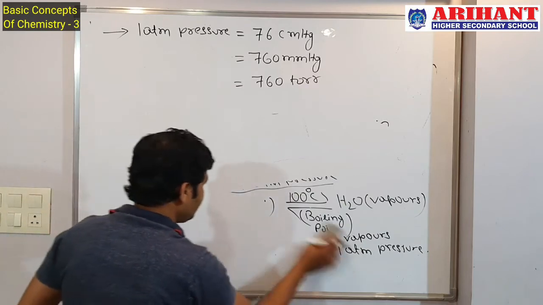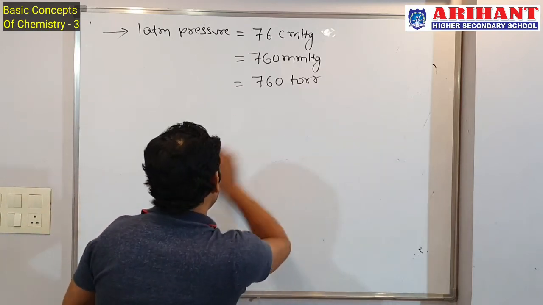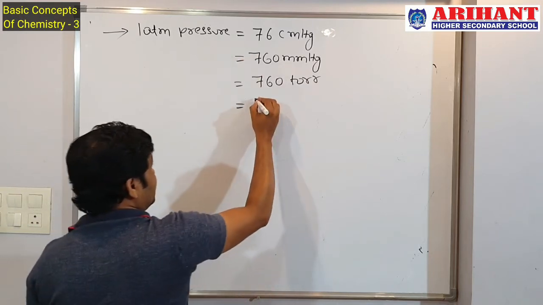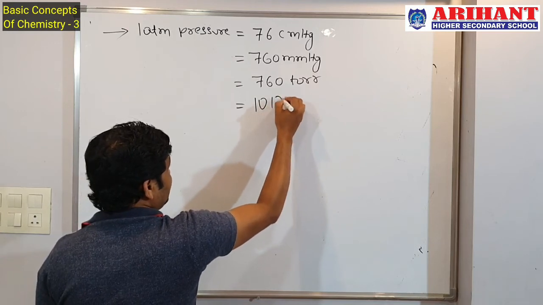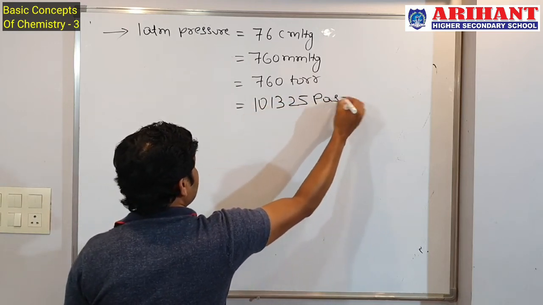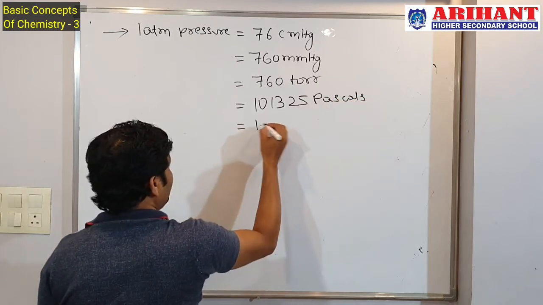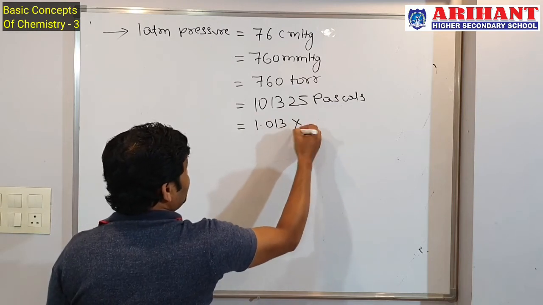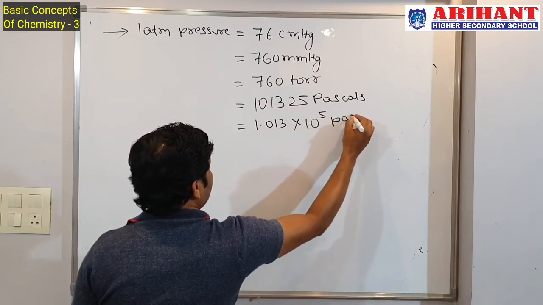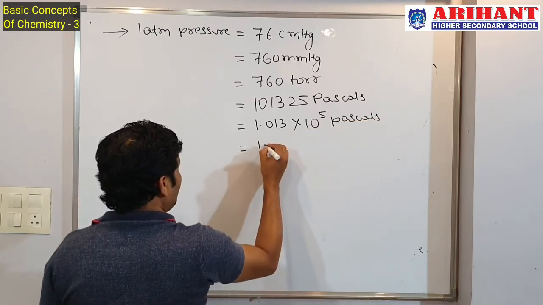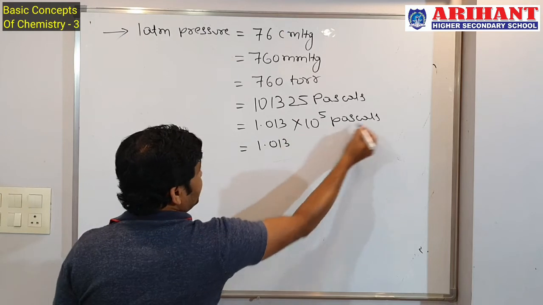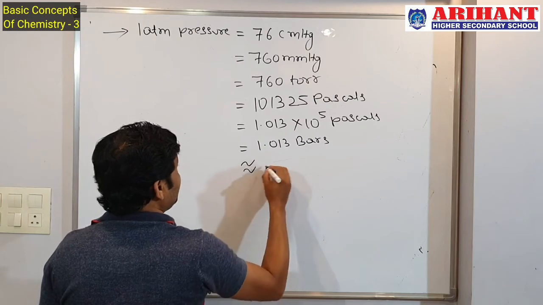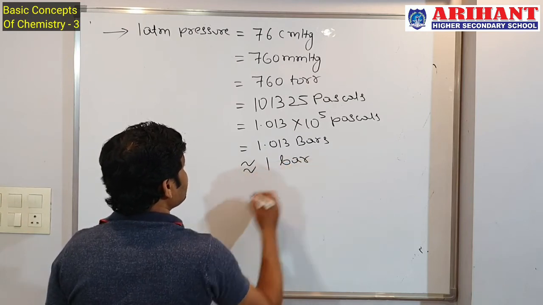Okay. When it is measured, it becomes 101325 pascals, that is 1.013, 25 can be neglected, into 10 to the power 5 pascals. 1.013 into 10 to the power 5 pascal is approximately 1 bar.